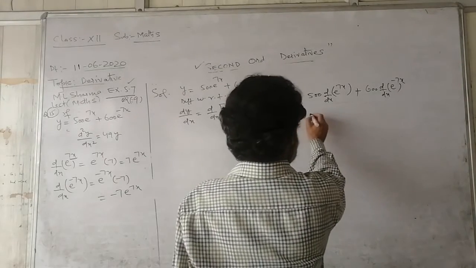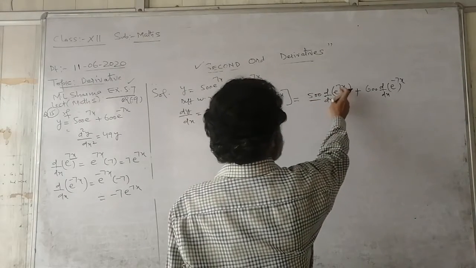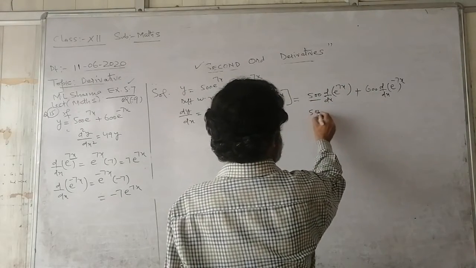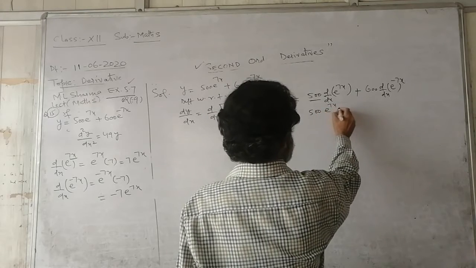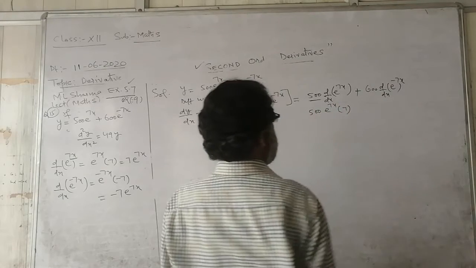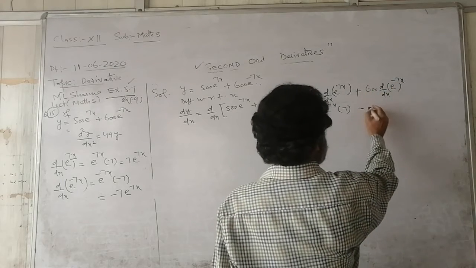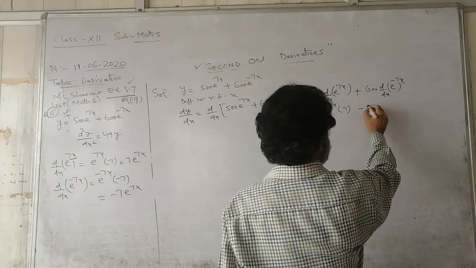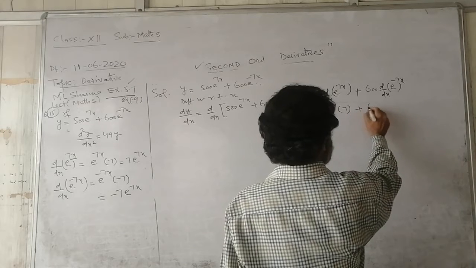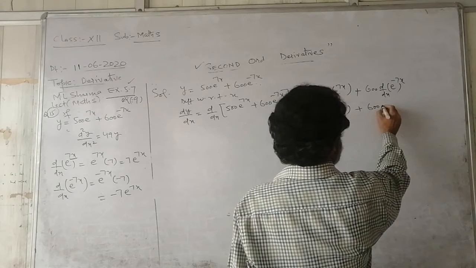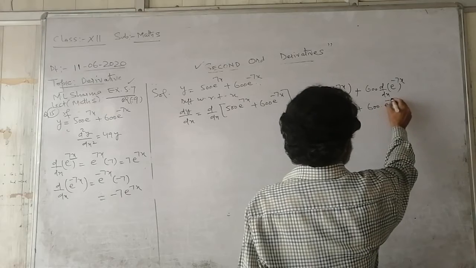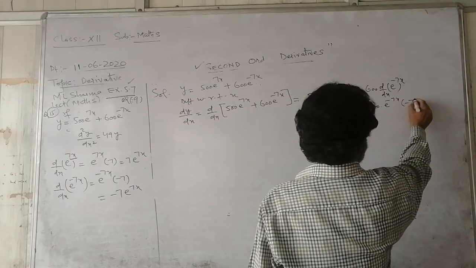So here this is 500 times e raised to power 7x into 7 plus 600 into e raised to power minus 7x into minus 7.